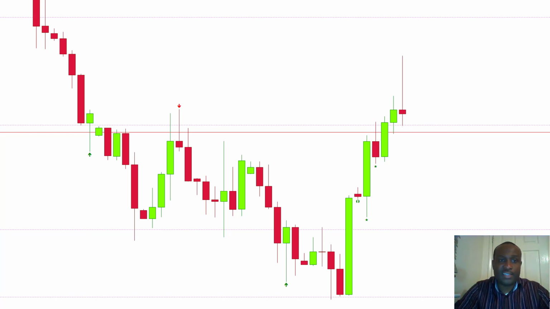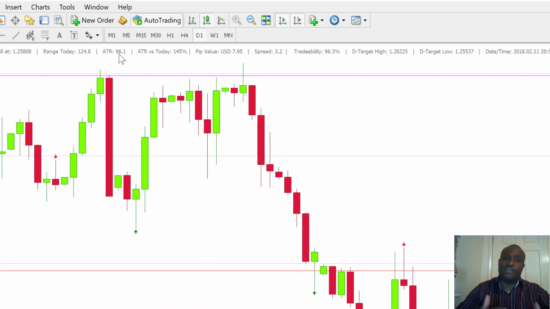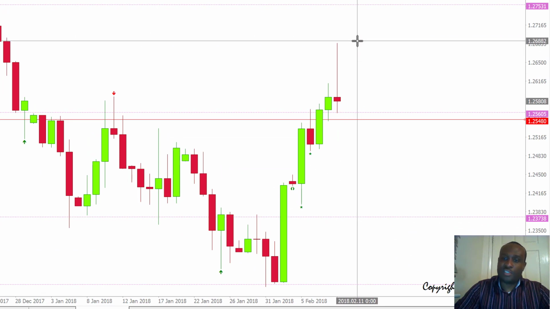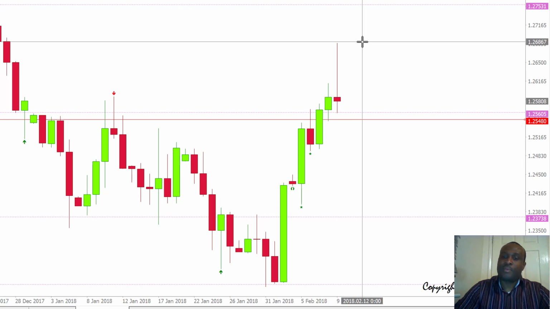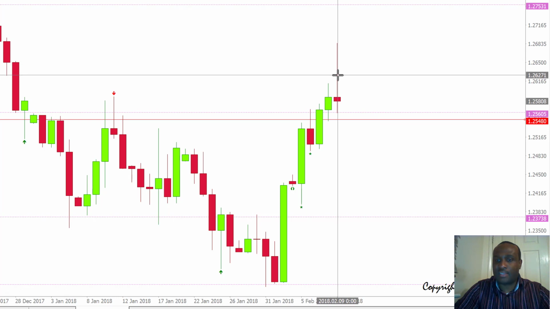But if you notice, the ATR on this is only 86. So within a day, this pair typically moves only 86 points. The most conservative area to put this stop loss is at this point here, which is about 138 pips.